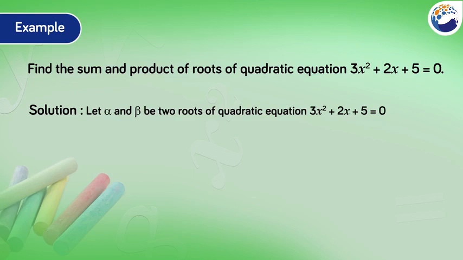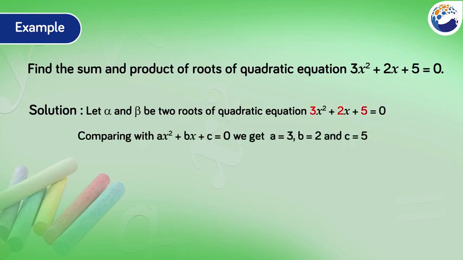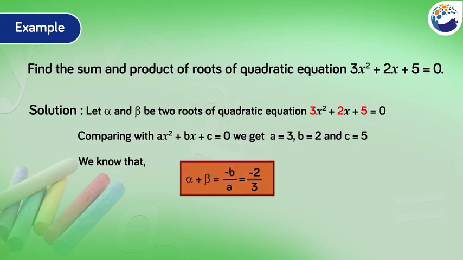On comparing with ax square plus bx plus c is equal to 0, we get a is equal to 3, b is equal to 2, and c is equal to 5. We know that the sum of roots is minus b upon a, which is equal to minus 2 upon 3, and the product of roots is c upon a, which is equal to 5 upon 3.